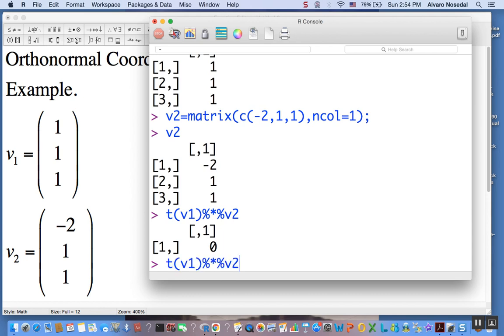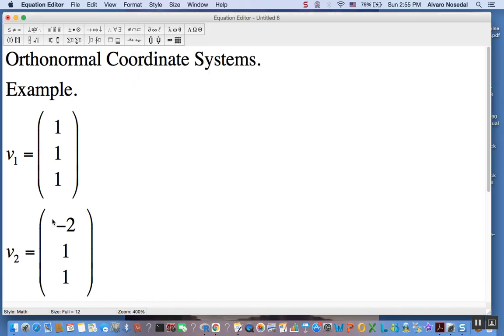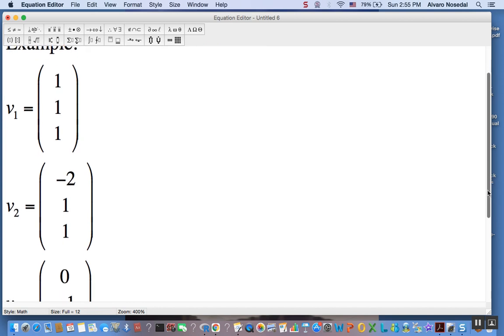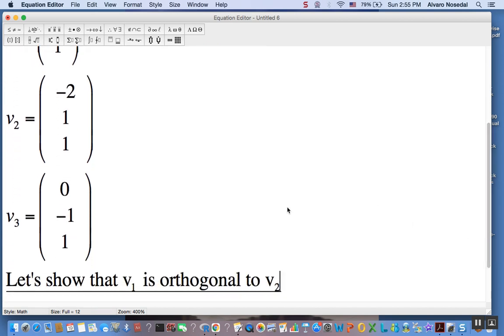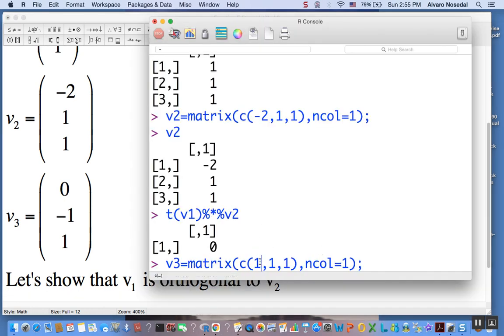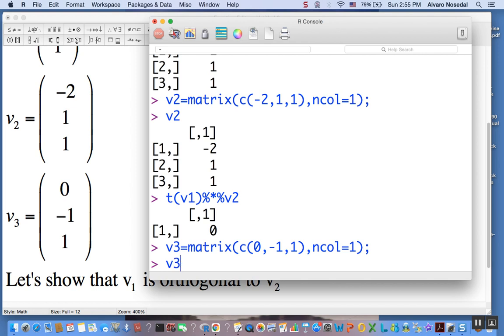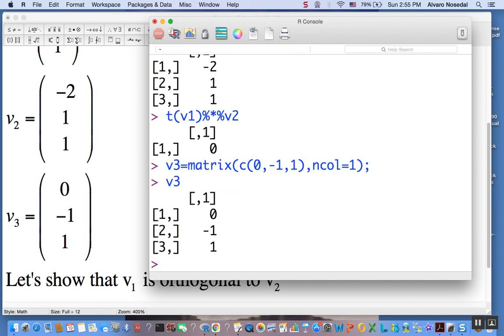Now let me define v3. We might need it. That guy is 0, negative 1, and 1. v3, there we are.